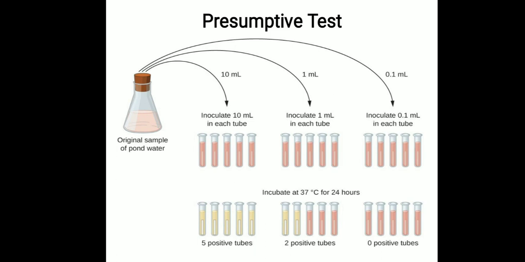The test is presumptive only because under these conditions, several other types of bacteria can produce similar results. In case it is negative, you will see no growth or formation of gas in the Durham's tube.